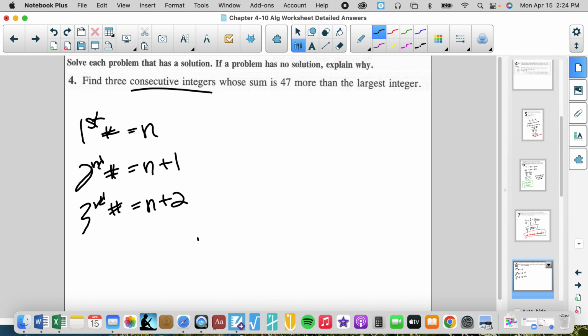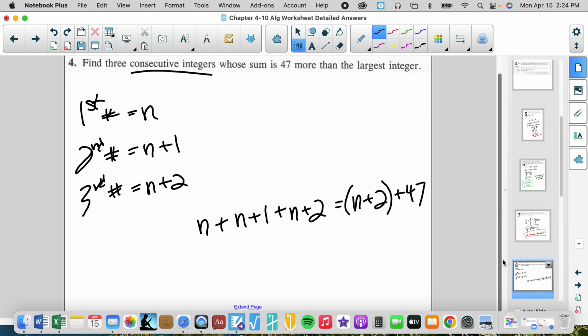And so we're going to add those. n plus n plus 1 plus n plus 2 is going to equal 47 more than the largest integer. So we'll take the largest and we're going to add 47 to it. So that's our problem right there.